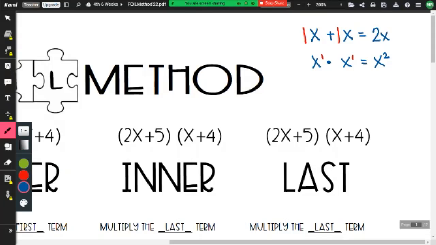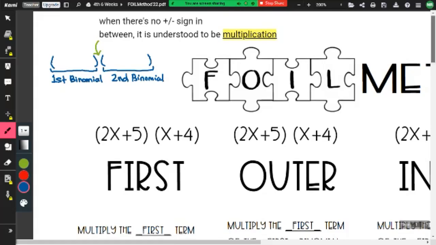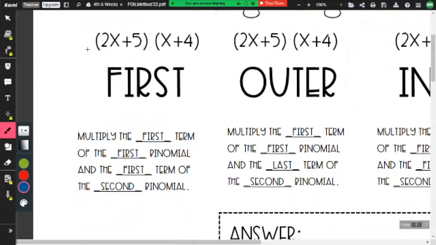Okay. All right. So let's look at this. First, outer, inner, last. FOIL. It's an acronym. Each letter stands for something. So let's multiply. First, the first term in the first binomial and the first term in the second binomial.